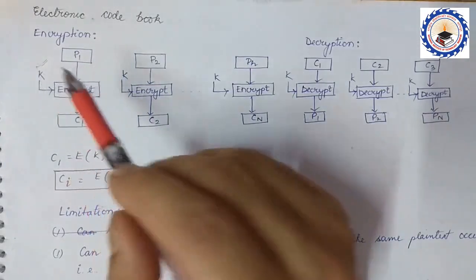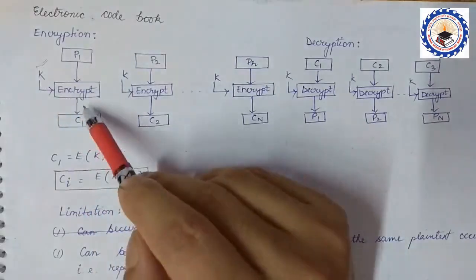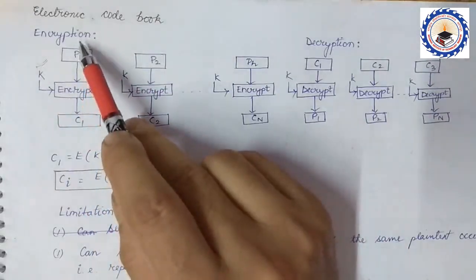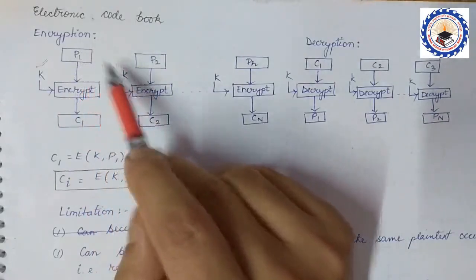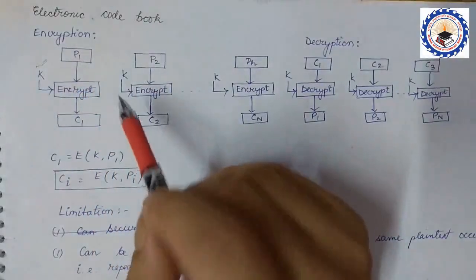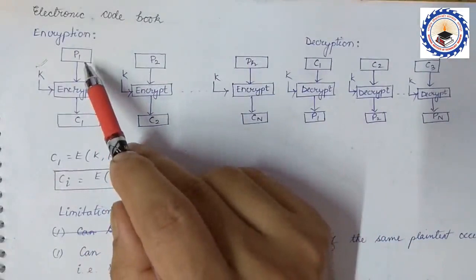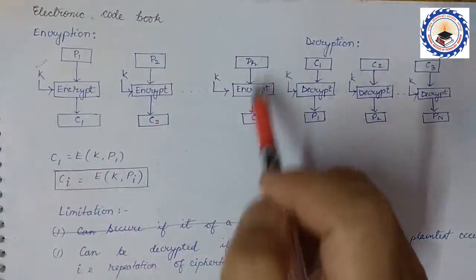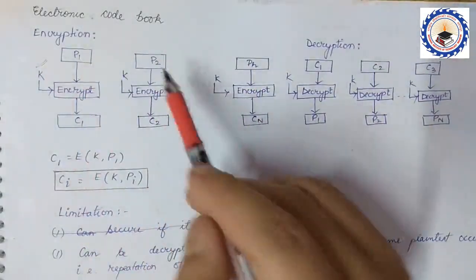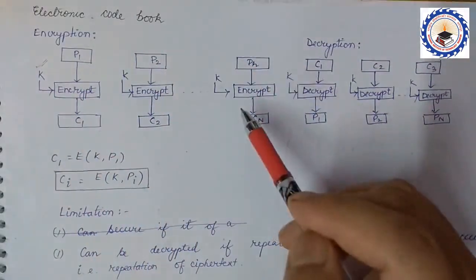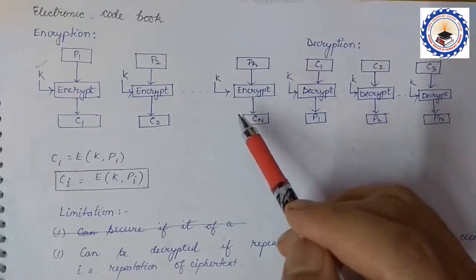For this electronic code book, we are performing the operations on every block of the plain text individually. There is no connection between the first block and the second block and so on up to the end block. We do not have any relations here.